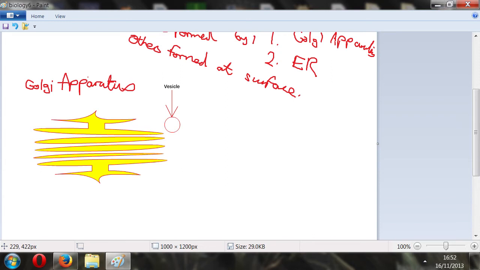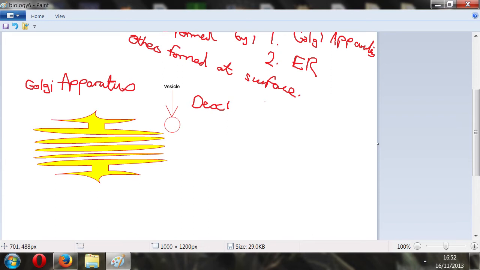The vesicles are often in close proximity to the Golgi apparatus. Now the description. I wonder what the shorthand for description is. I might have to look that up at some point.